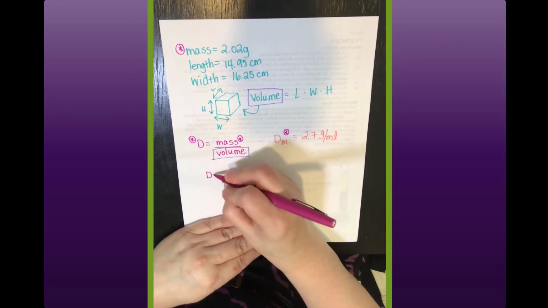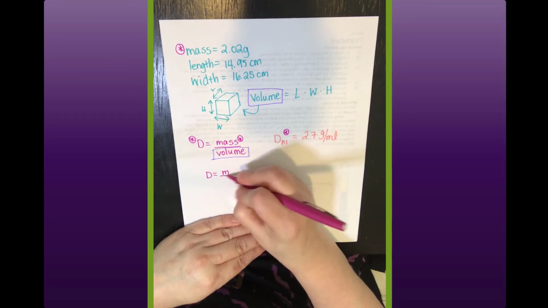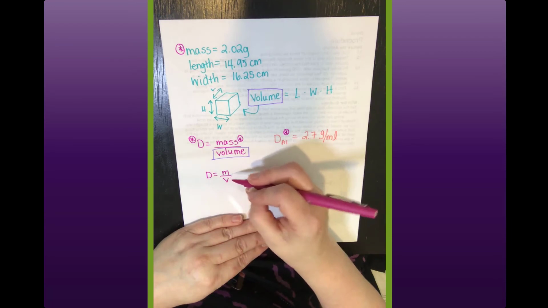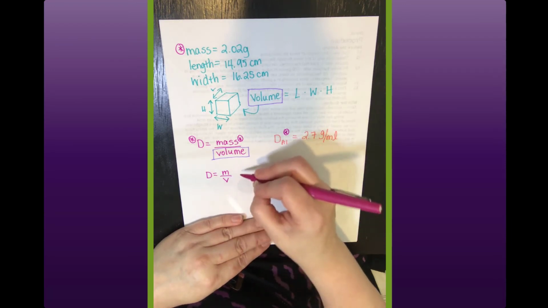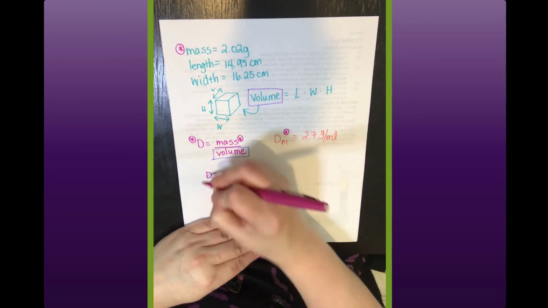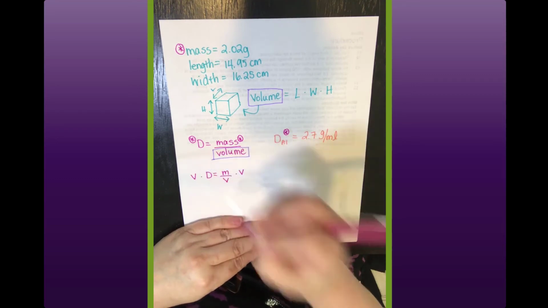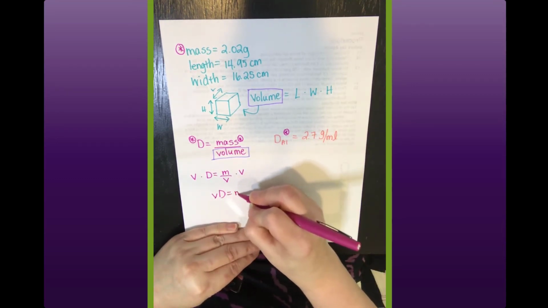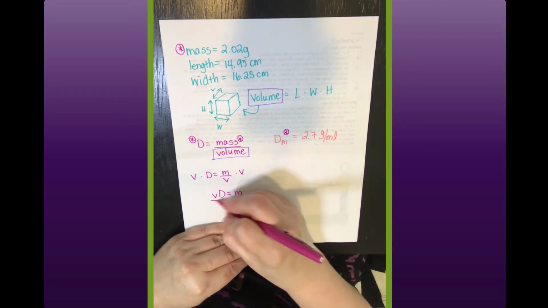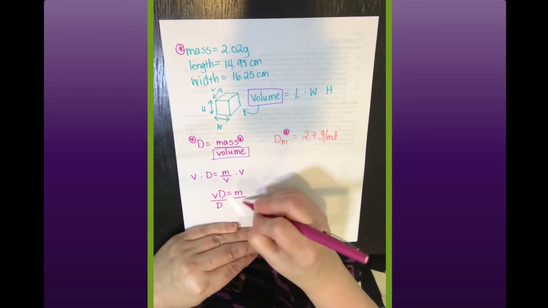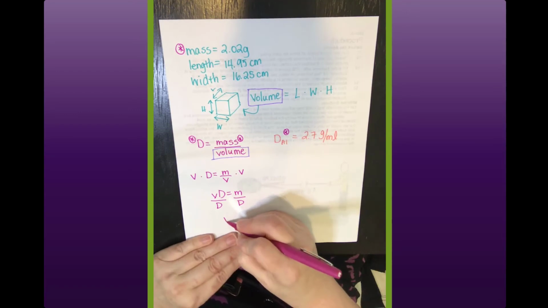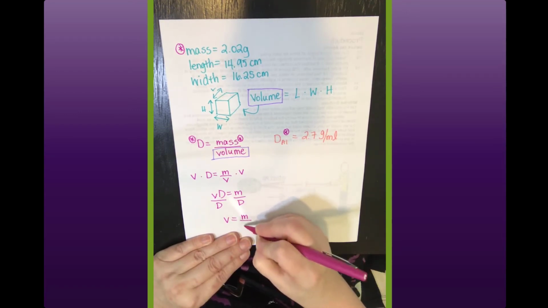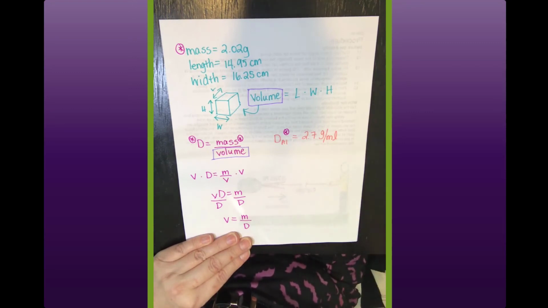So if D is equal to M over V, we can solve for V by multiplying each side by volume. And then if we divide both sides by density, then we get that the volume is equal to mass over density.